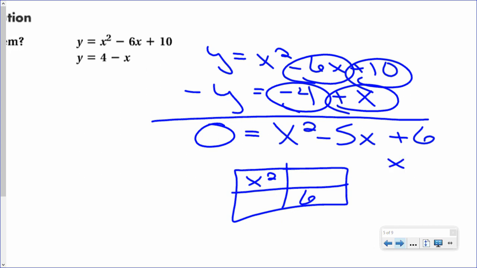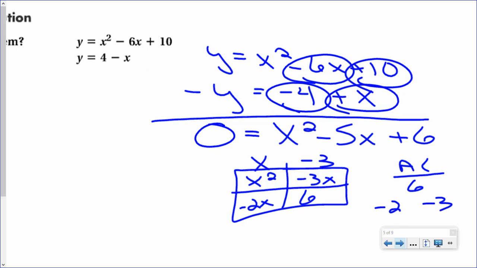Your AC number is 6. To get to -5, you'd have to use -2 and -3. From the top down, you could factor out an x, a -3, an x, and a -2.